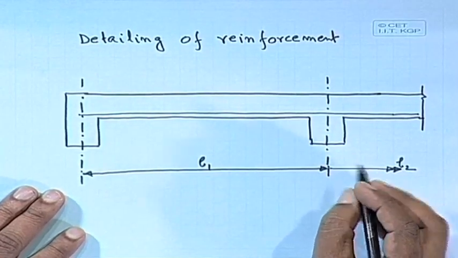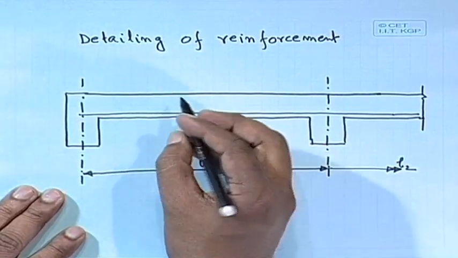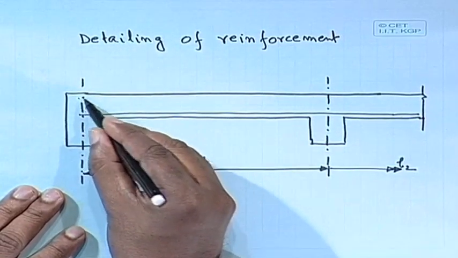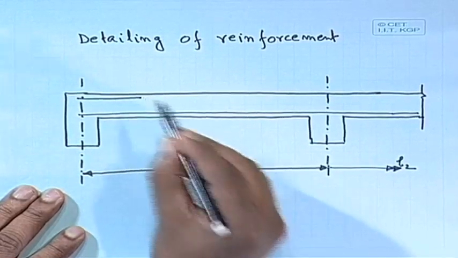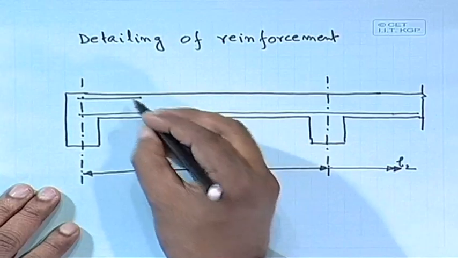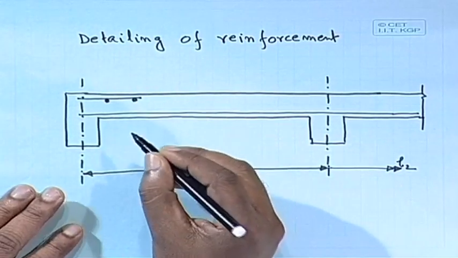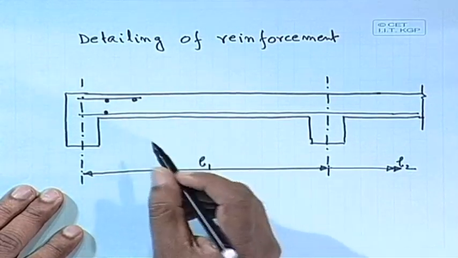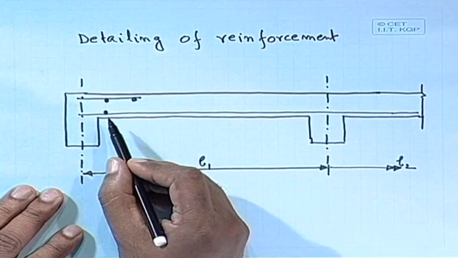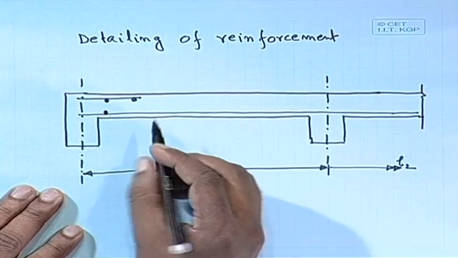Here, there are two types of thing. These bars whenever we are specifying, as well as here also one bar, number one, where from the bar will start, this bar if we take it, where from this bar will start, that is your first question.